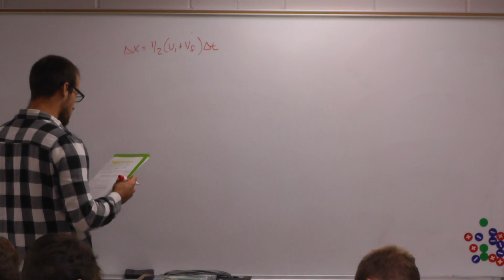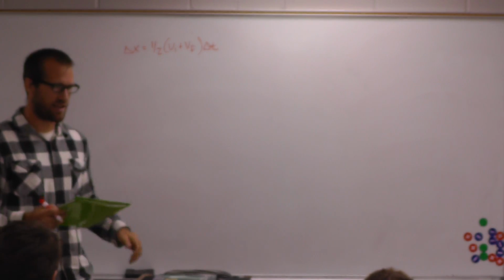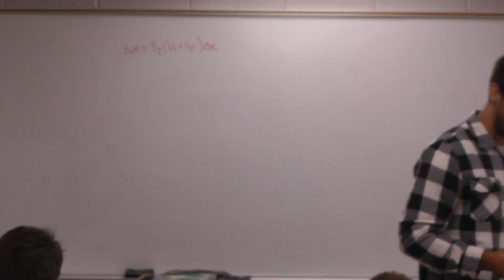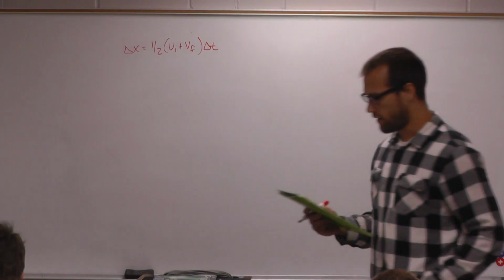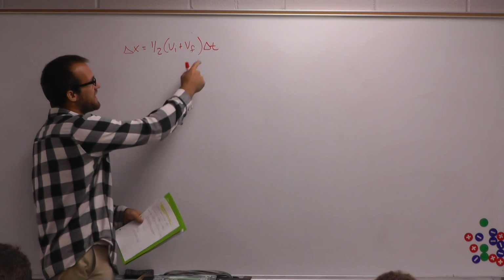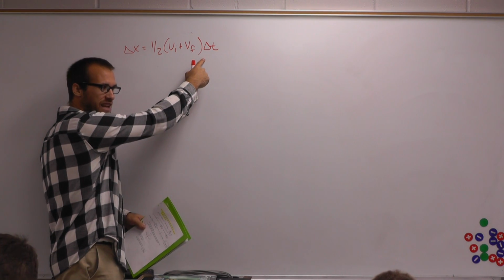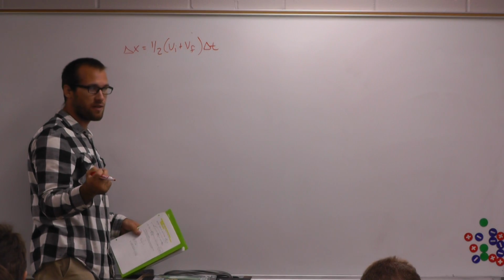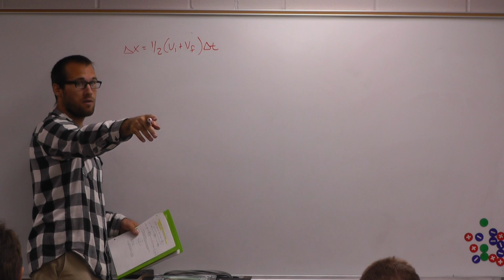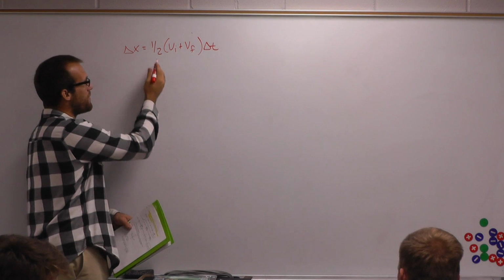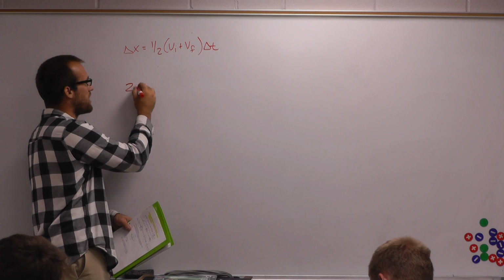Okay, so so far everything that we've done required time. We're going to give you an equation that substitutes out time. So I'm going to essentially take this and solve for change in t, which is what I did for that homework problem. Remember, dividing by a half is the same as multiplying by 2.